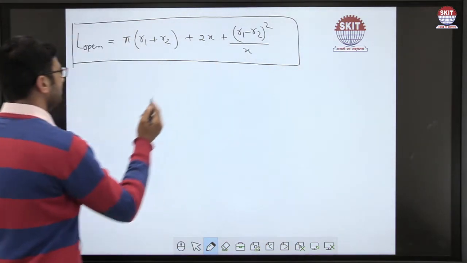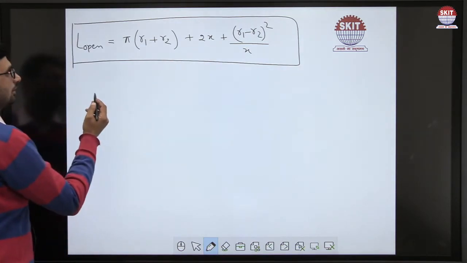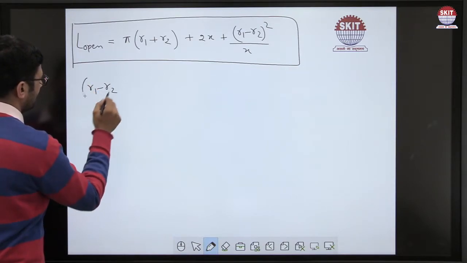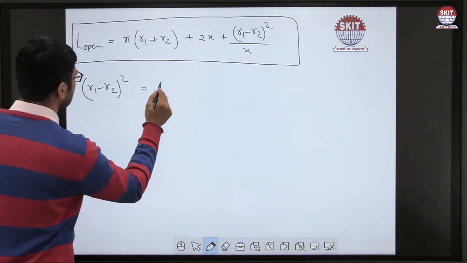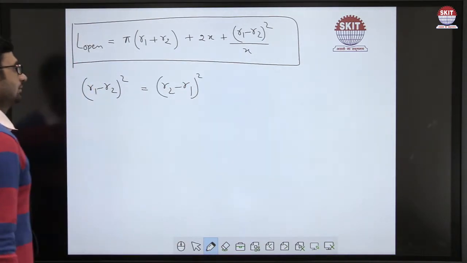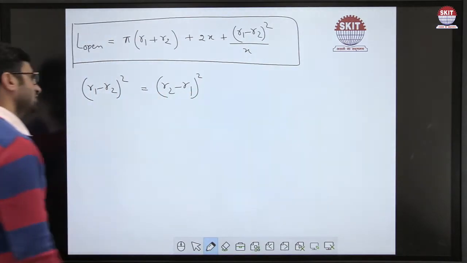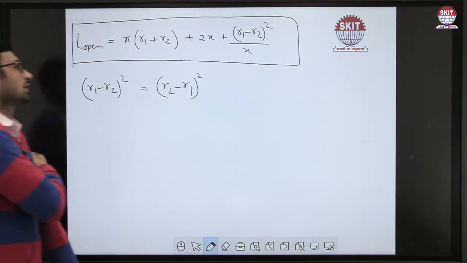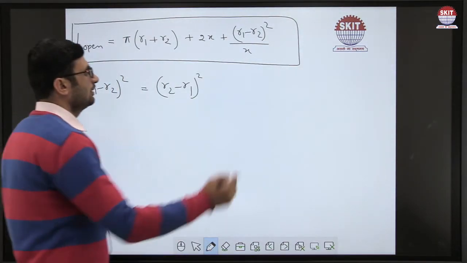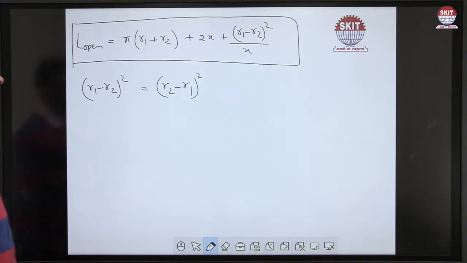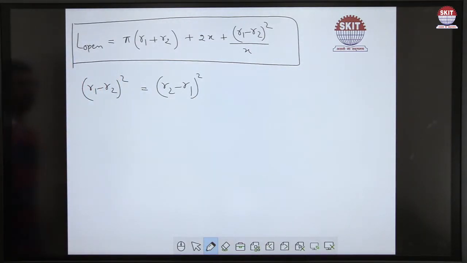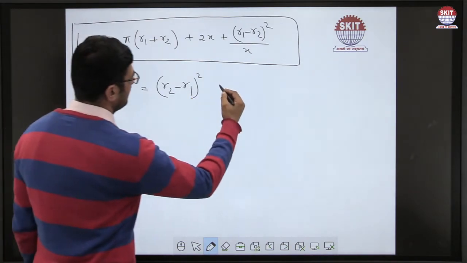In this expression, R1 minus R2 whole square is equal to R2 minus R1 whole square. Both give the same value, so don't worry about which is put first, R1 minus R2 or R2 minus R1, because these two give the same value.